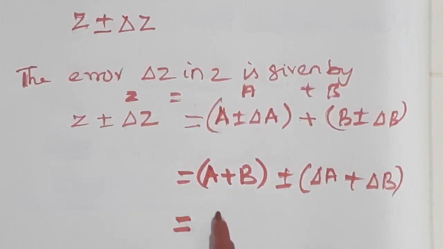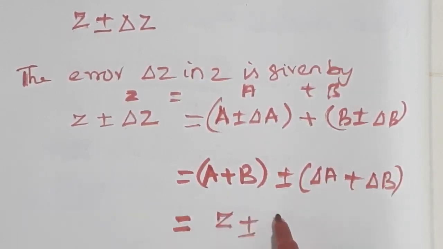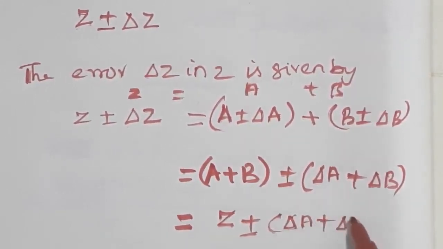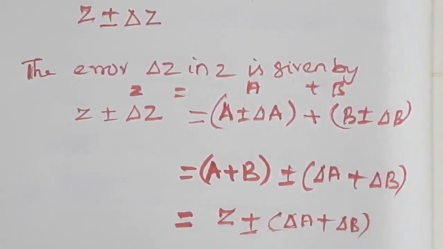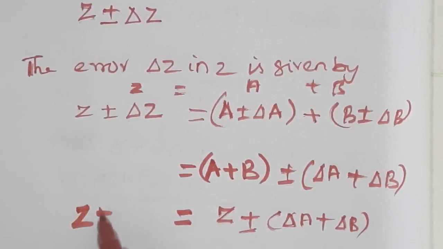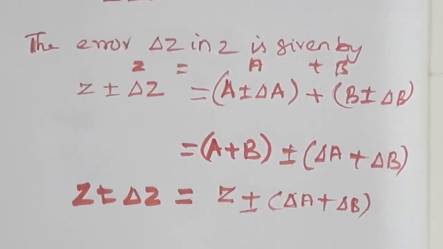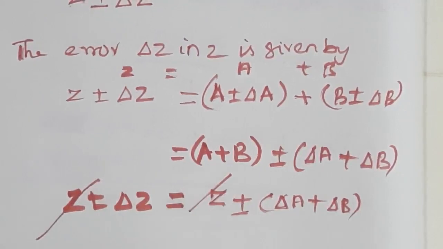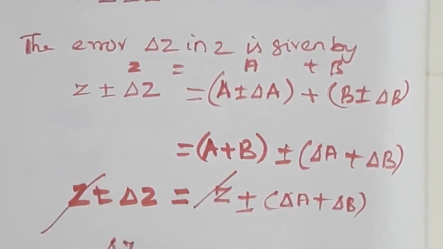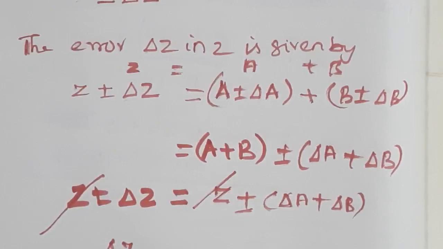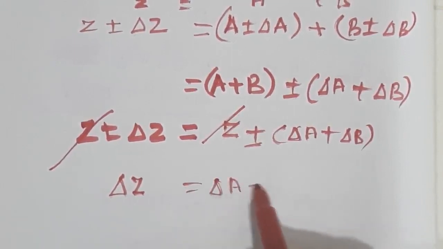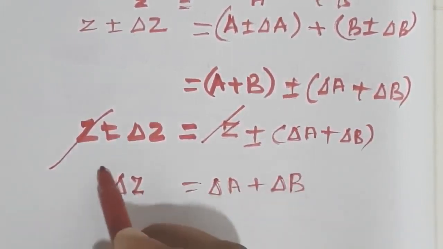So we can write Z plus or minus delta Z equal to A plus or minus delta A plus B plus or minus delta B, which is Z plus or minus delta A plus delta B. If you cancel Z on both sides, the error delta Z in Z is given by delta Z is equal to delta A plus delta B.